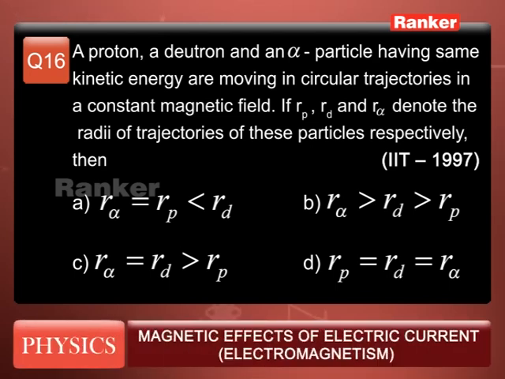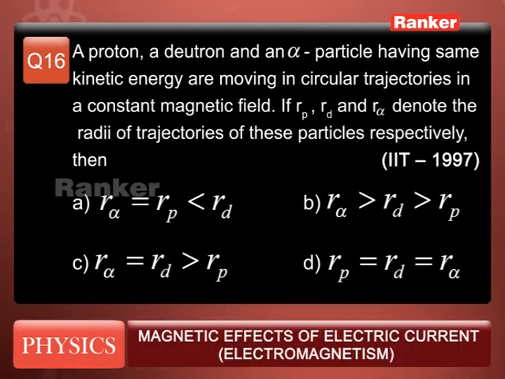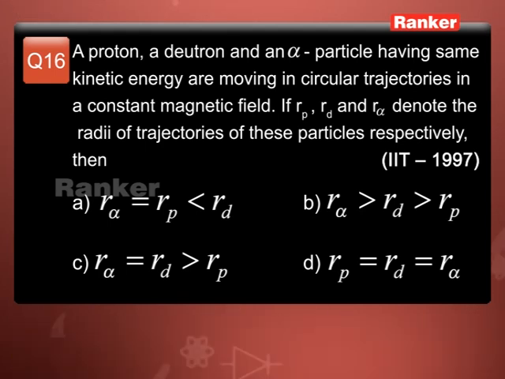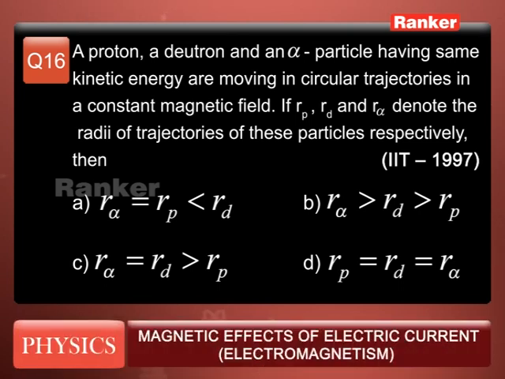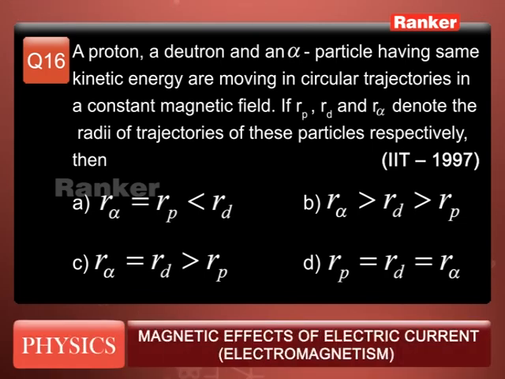Third option, R alpha is equal to Rd is greater than Rp. And fourth option is that all the three trajectories have equal radii, that is Rp is equal to Rd is equal to R alpha.